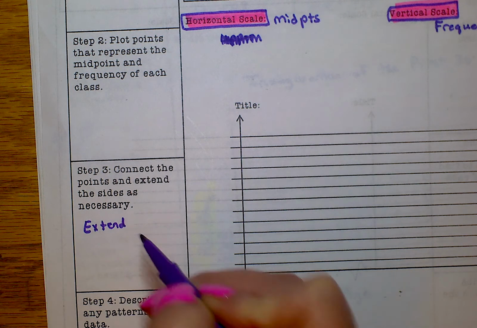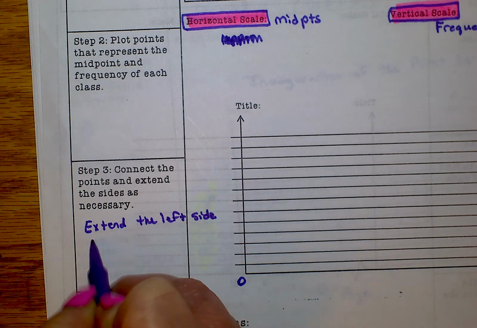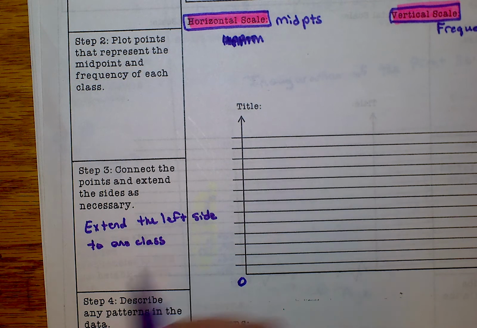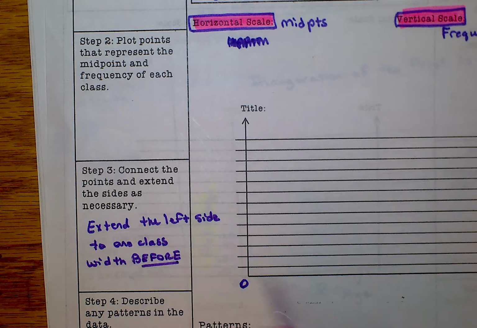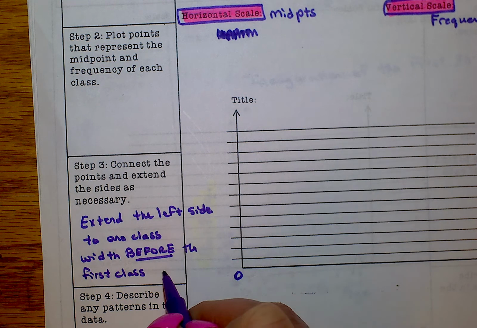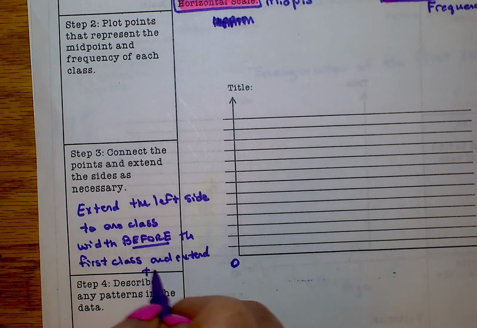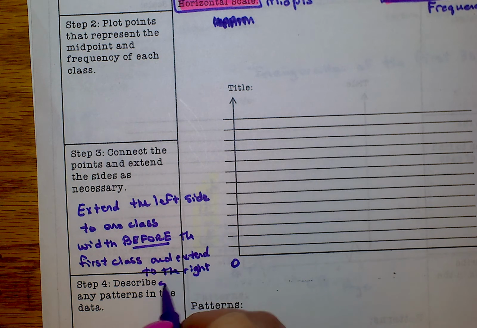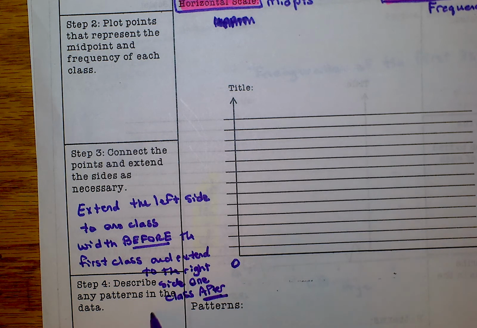Extend the left side to one class width before the first class and extend to the right side one class after the last class midpoint.